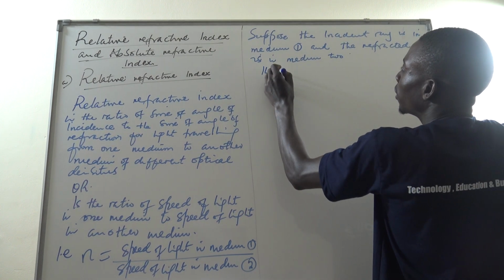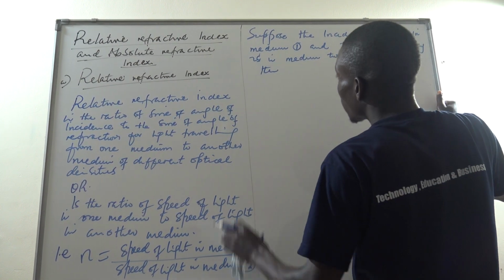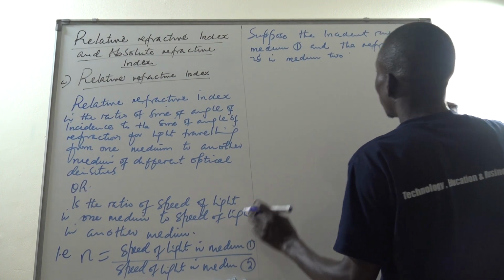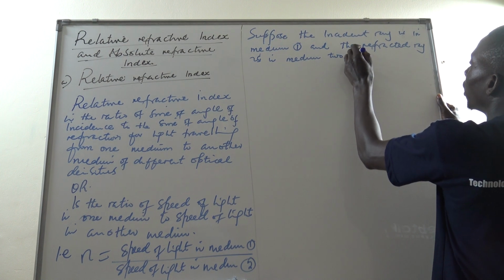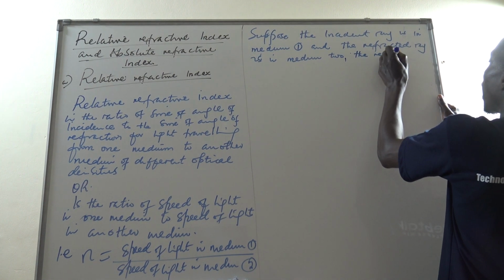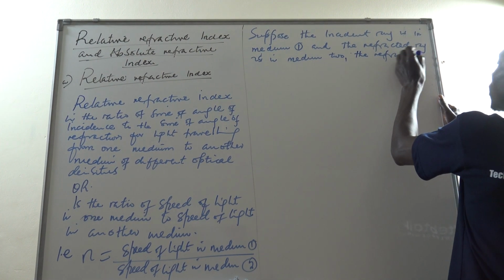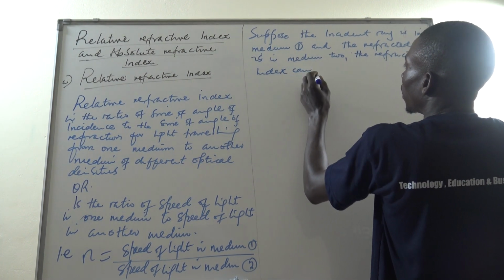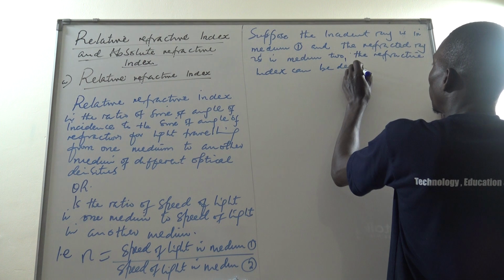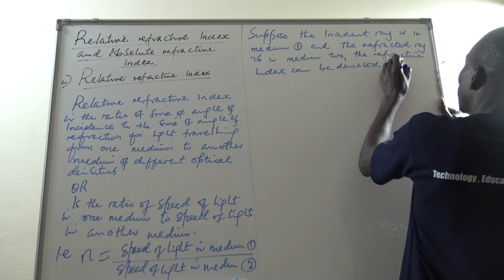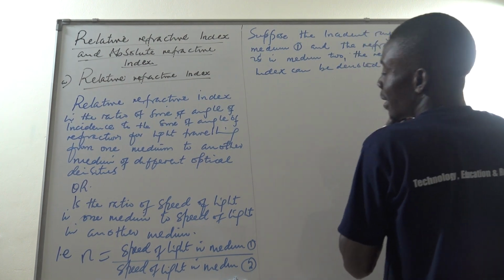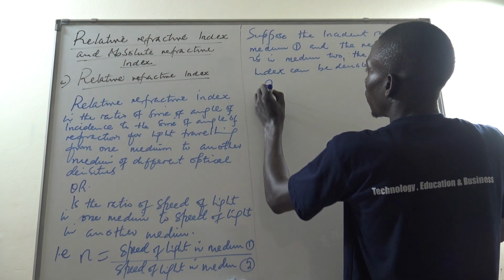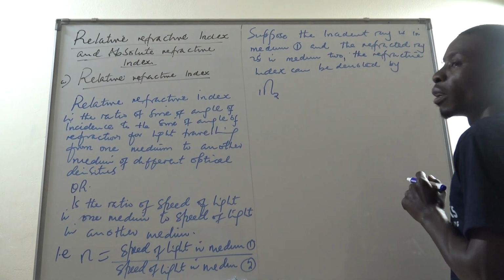Then the refractive index can be denoted by n 1 to 2, okay?